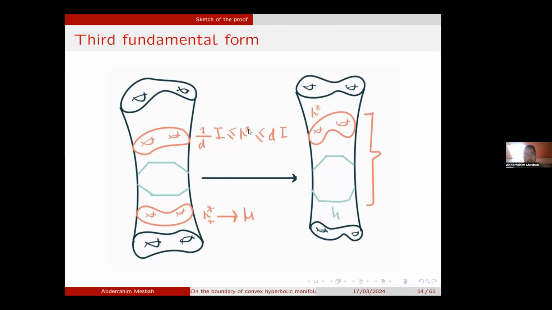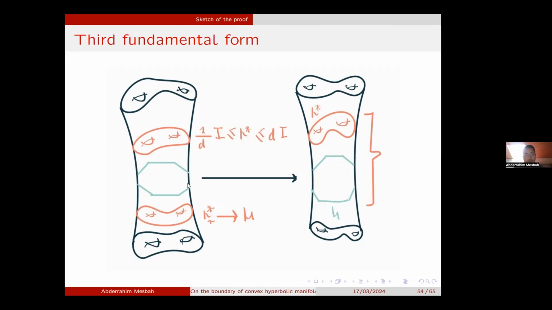And since H star is Lipschitz with the first fundamental form, the first fundamental form here won't diverge, and also the induced metric on the boundary of the convex core won't diverge. And it's similar with H star and mu.